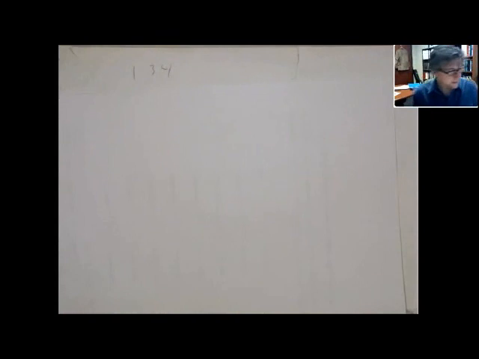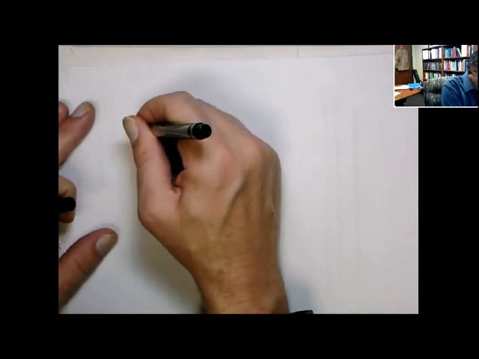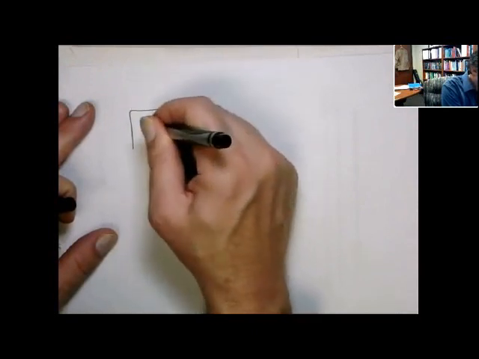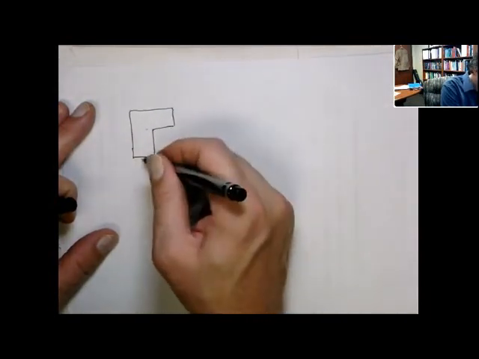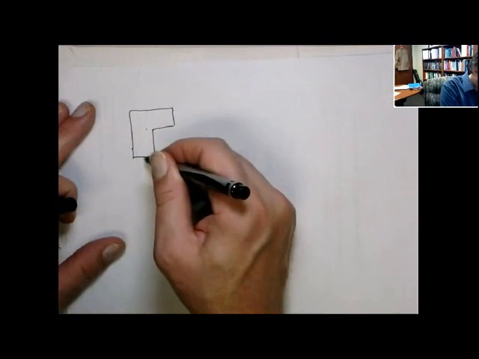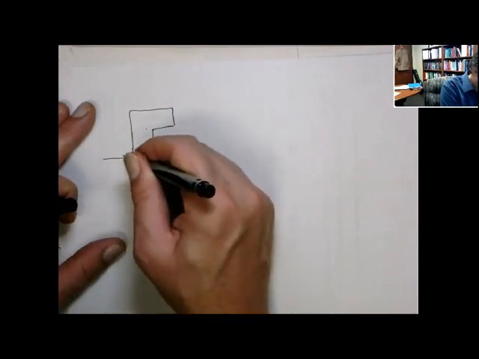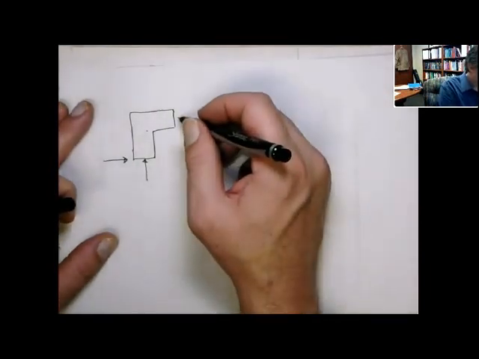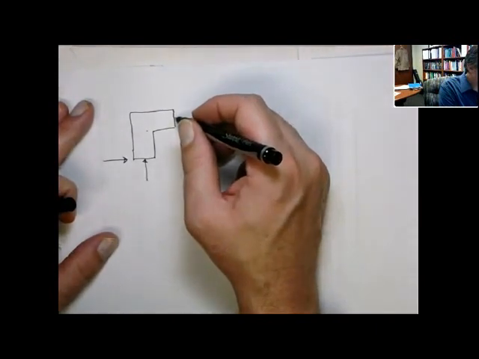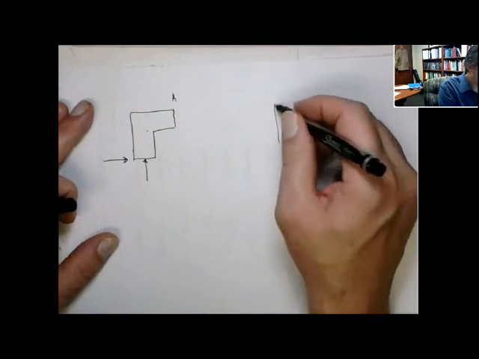Maybe I should just do a quick example. Well, let's kind of redraw this part. So let's determine the average normal and shear stress at this point A. That's this sort of graphic.